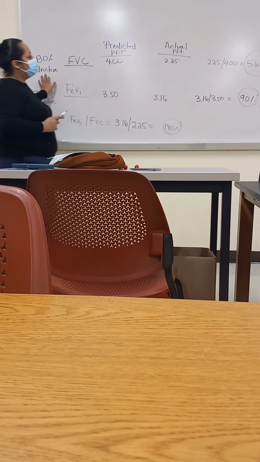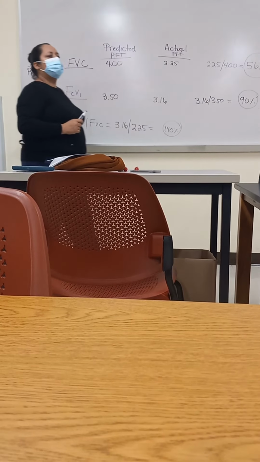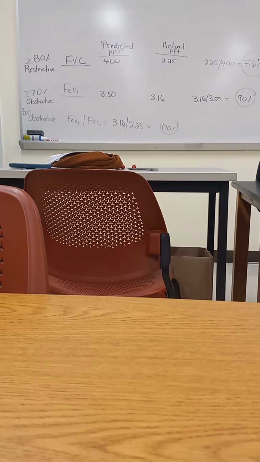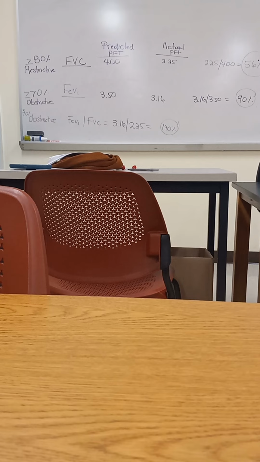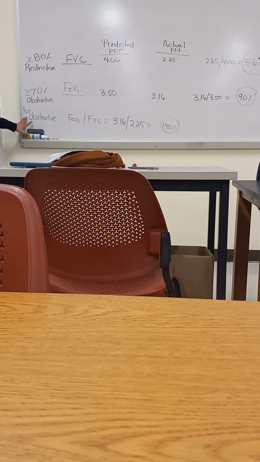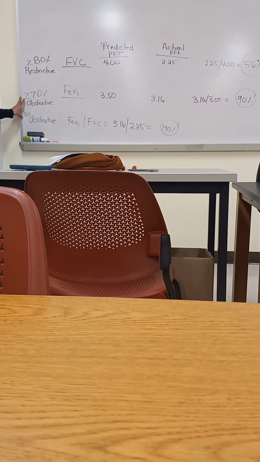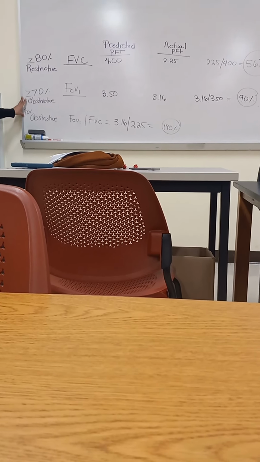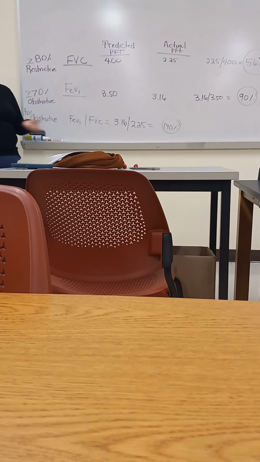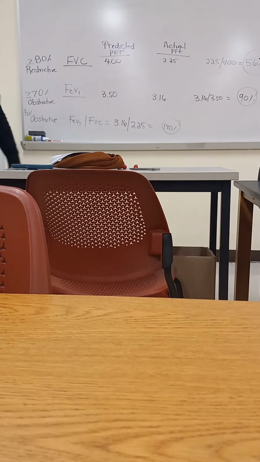And this number is less than 80%, so they just have restrictive, okay? 140%? So you're supposed to get at least 70%. They did really well, they got 140%. So there's no obstructive because it's greater than 70%. Okay? So we can assume that they have whatever the restrictive disorder is, okay?